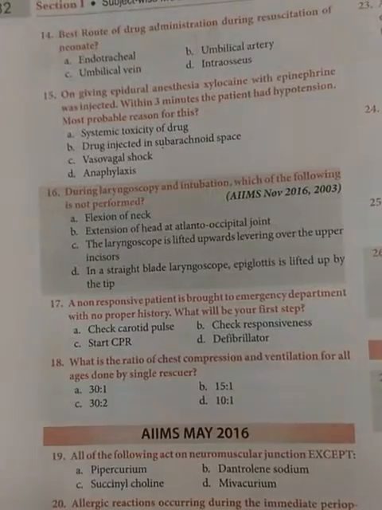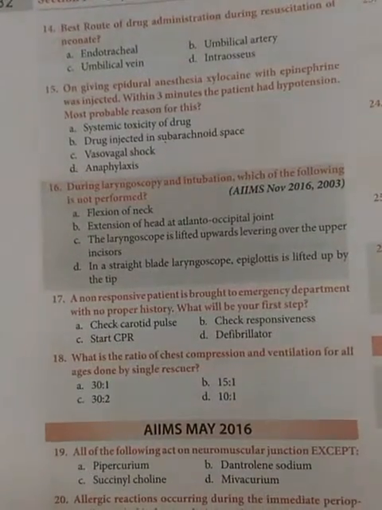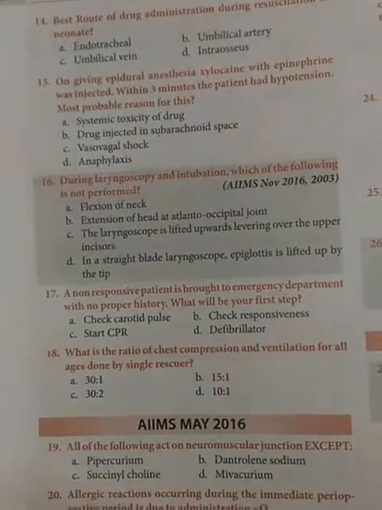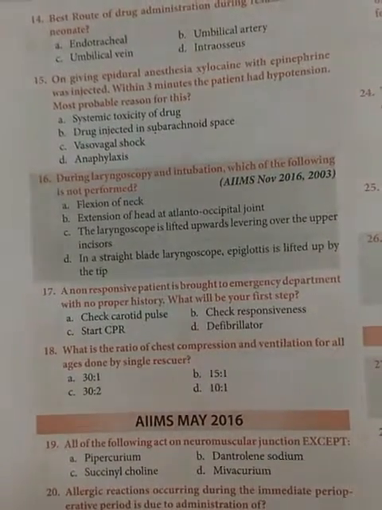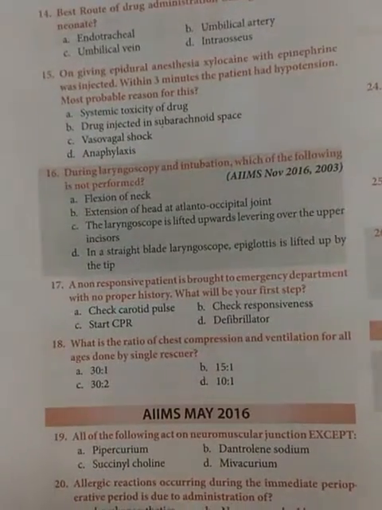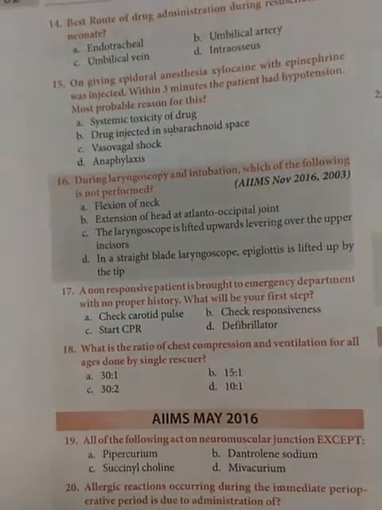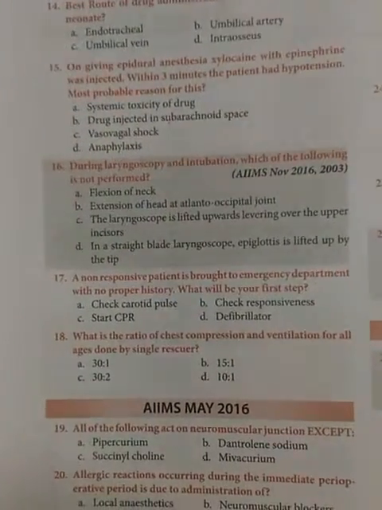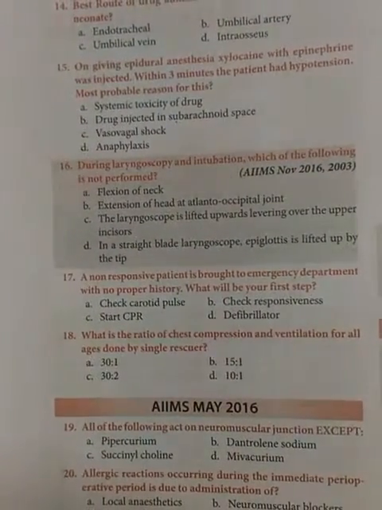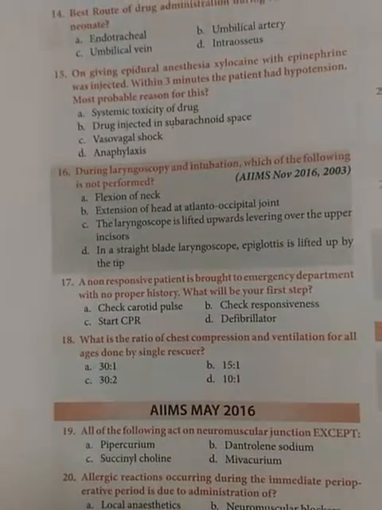Flexion of neck, done. Extension at the atlanto-occipital joint, obviously done. Laryngoscope lifted upwards, levering over the upper incisors, no. It will break the teeth. Last option, in the straight blade laryngoscope the epiglottis is lifted up by the tip. Yes, it's right. So option C is the correct answer, that's not performed.